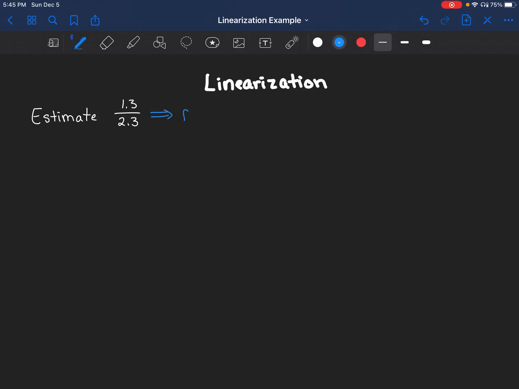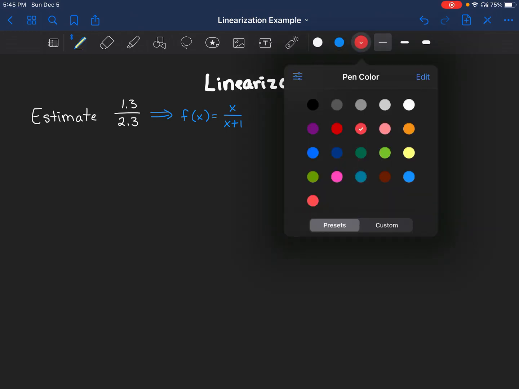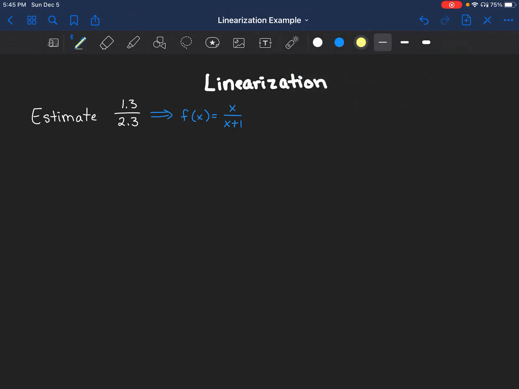So I'm going to use the function f of x equals x over x plus 1. And the reason I'm choosing that function is, let's just imagine if I use 1.3 as my x value, then in the denominator, x plus 1 is 2.3. So x being 1.3 holds with this fraction that I'm trying to estimate.